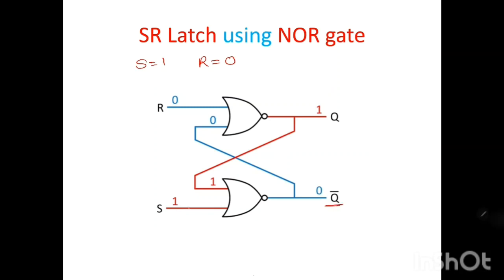When one of the inputs to the gate is 1, whatever may be the other input, it makes no difference, Q bar becomes 0 here.